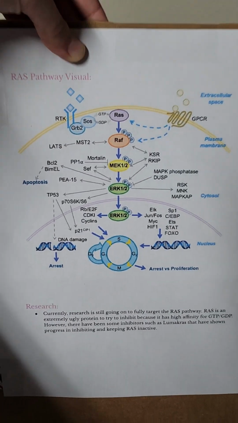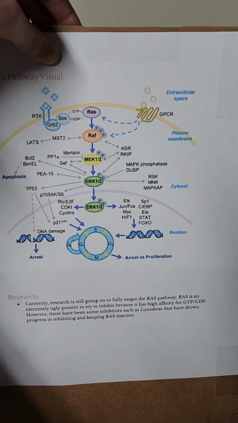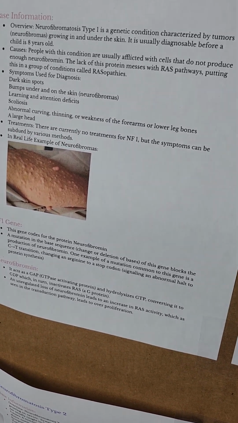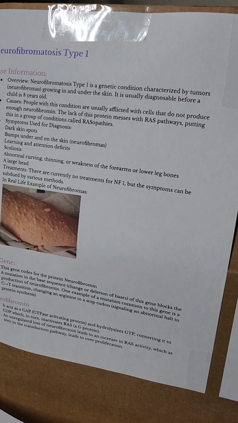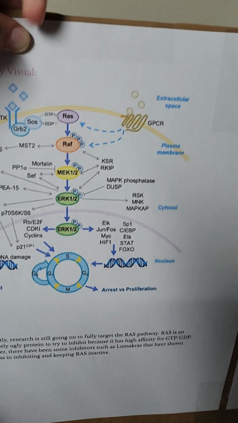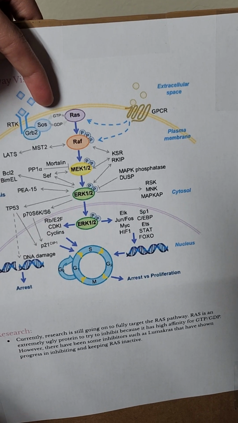Oh, well, type 1 is you not having enough of that protein because the gene that makes that protein, the NF1 gene over here, mutates, meaning it doesn't do its function correctly. And when you do not have enough neurofibromin, this cycle will not be regulated, so it will constantly be in an active state.